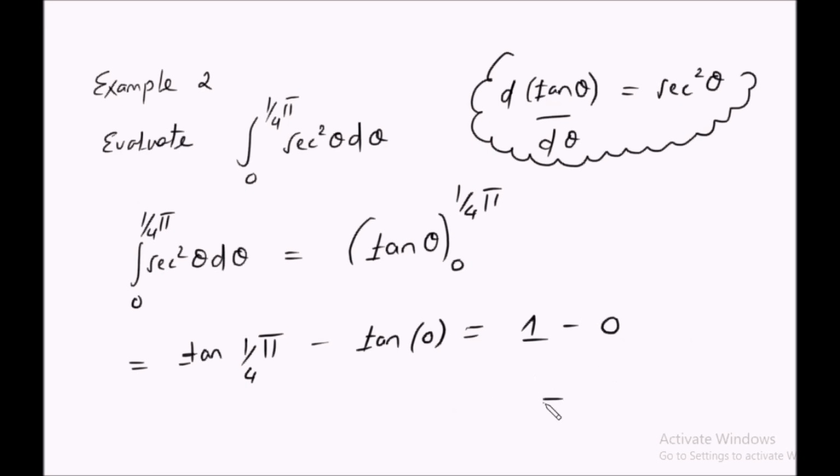Our final answer is 1. You see, so this is how we do these definite integrals. Sio indefinite integrals or infinite integrals. These are finite integrals or definite integrals. Indefinite integrals au infinite ni zile ambazo hazina limits, ambazo inabidi upate constants pale mwisho.